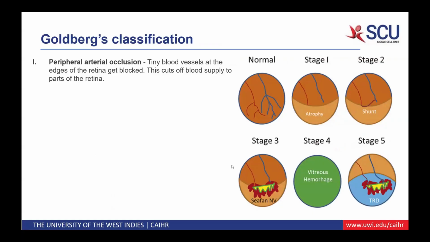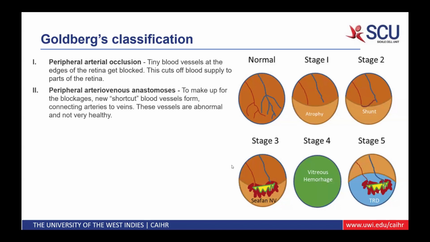So the first stage is that, as I mentioned, you're going to have some of the tiny blood vessels at the edge of the retina getting blocked. And then at later, stage two, basically, to make up for these blockages, you're going to have new shortcut blood vessels.